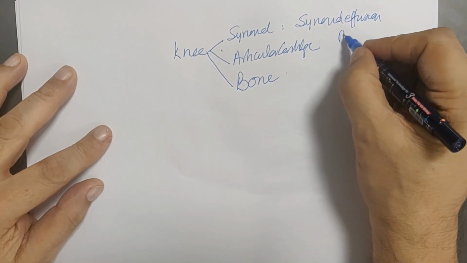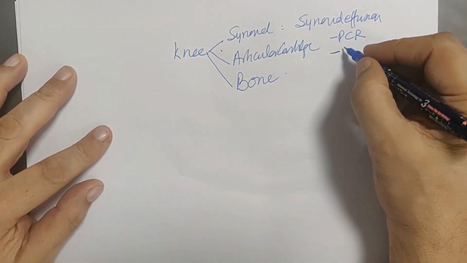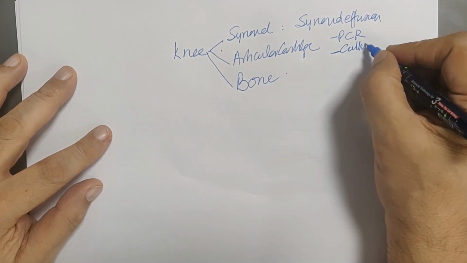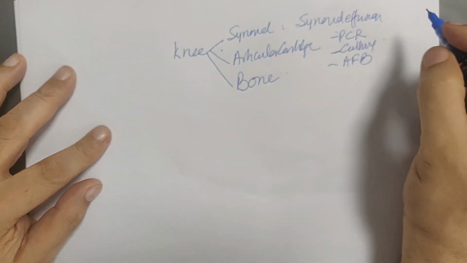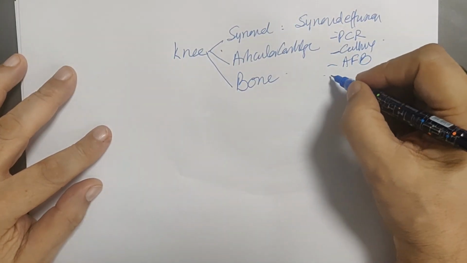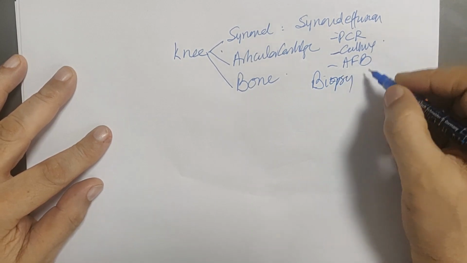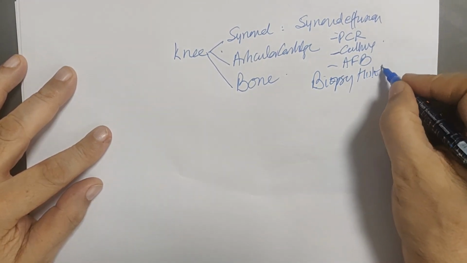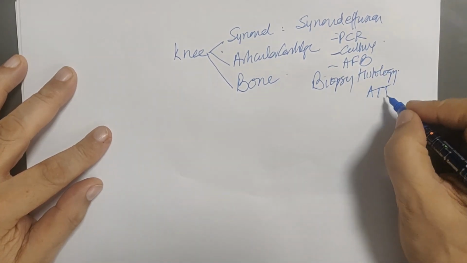Synovial, you have a synovial effusion, you aspirate the knee, do a polymerase chain reaction for Mycobacterium tuberculosis, you can do a culture, you can do AFB staining, and demonstrate the bacteria there. Or you do a synovial biopsy to histologically demonstrate tubercular bacteria. Treatment, ATT and TAT.